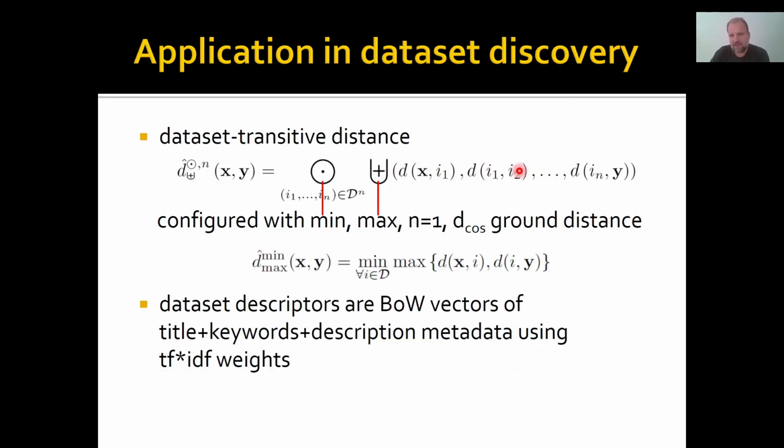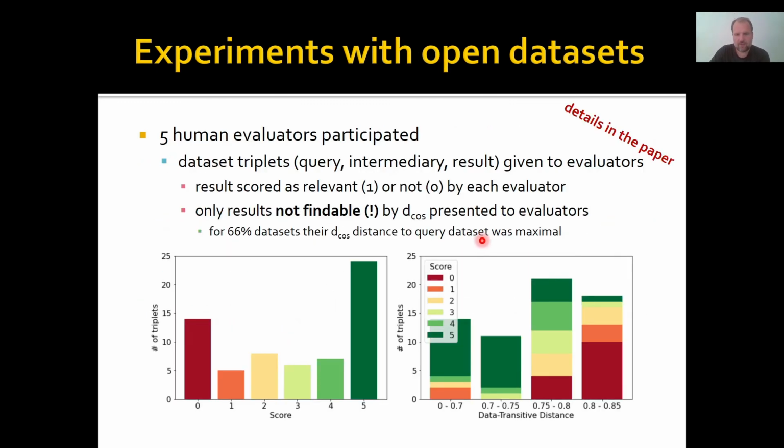Remember, the data transitive distance is defined like this, and there was one object, here it would be I1, that is in the middle between x and y. So there was just one intermediary object. And every evaluator should evaluate or score the result to the query with respect to the intermediate object as relevant or not relevant.